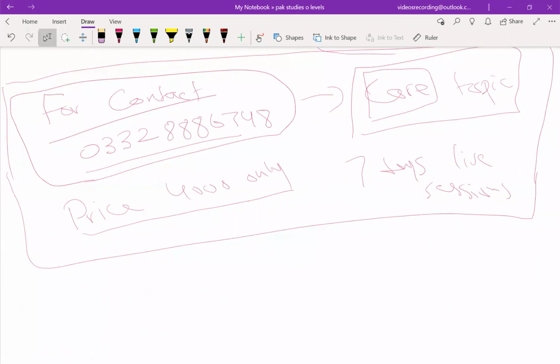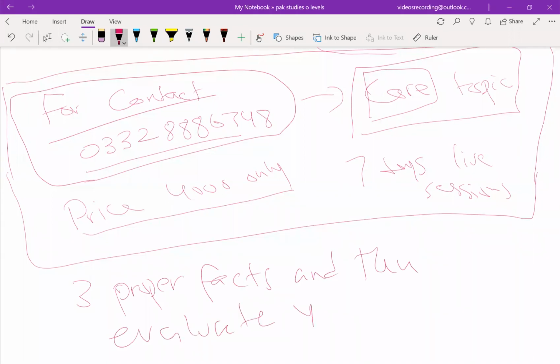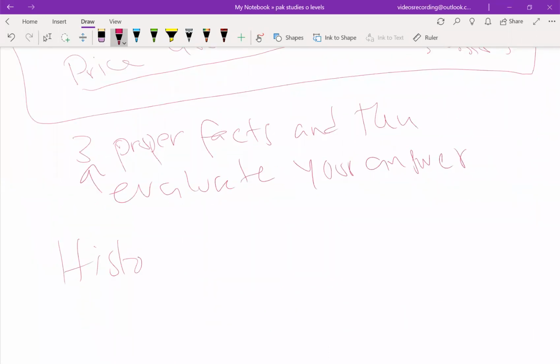So for the 6 mark question, all you have to do is make sure that you have 3 proper facts, and then evaluate your answer from these 3 facts.